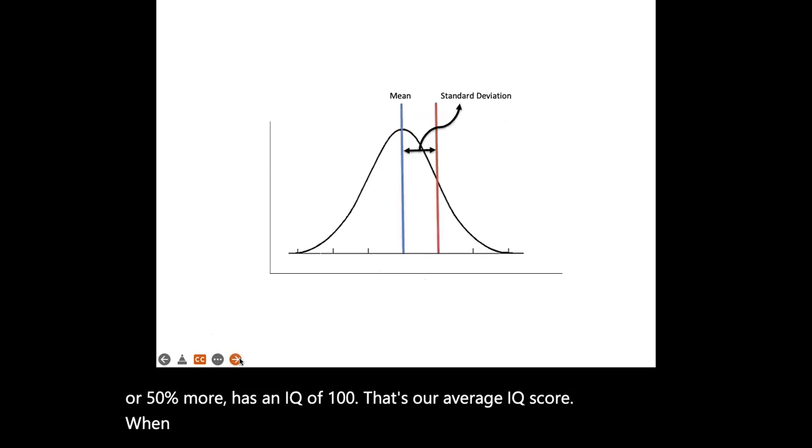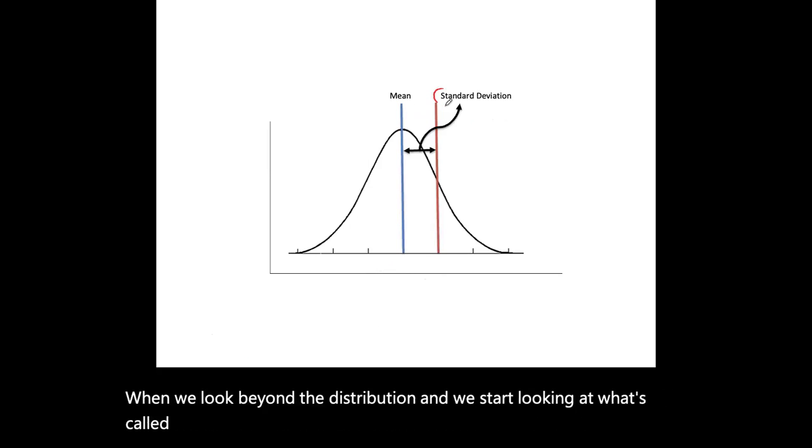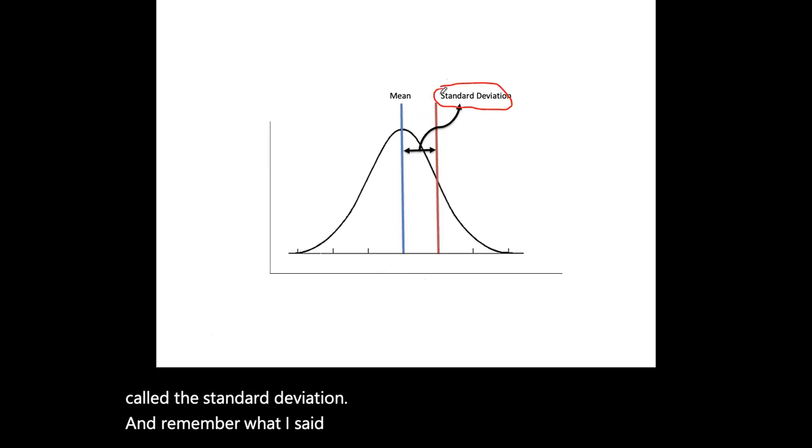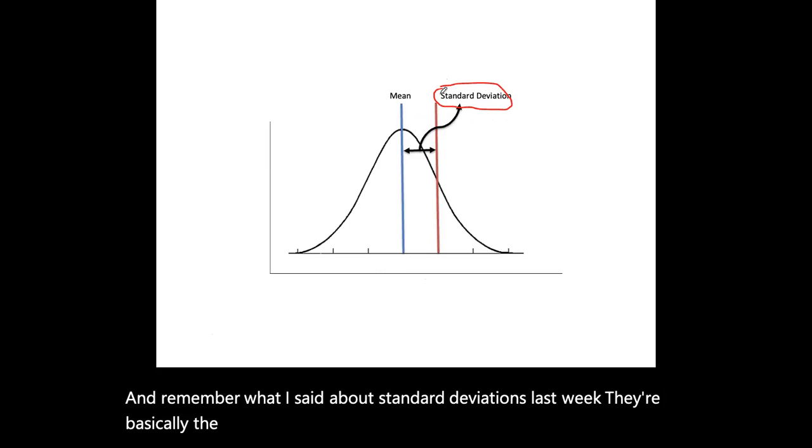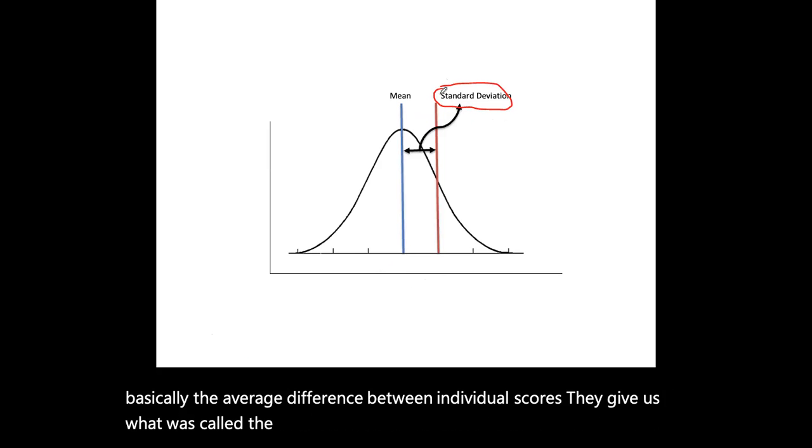When we look beyond the distribution and start looking at what's called the standard deviation, and remember what I said about standard deviations last week, they're basically the average difference between individual scores. They give us what's called the spread between scores.